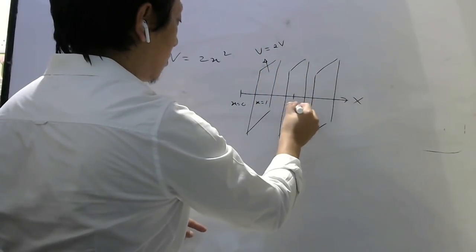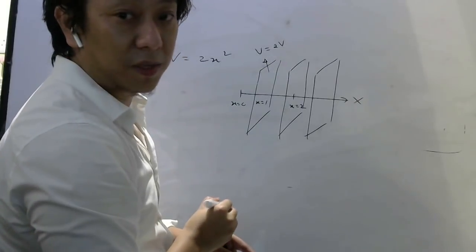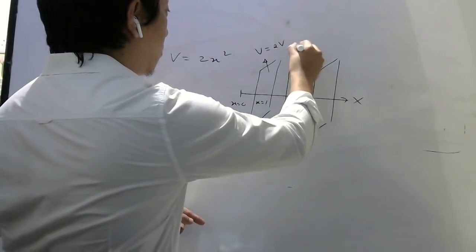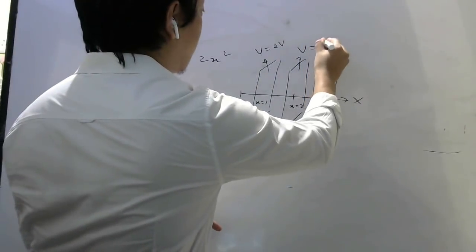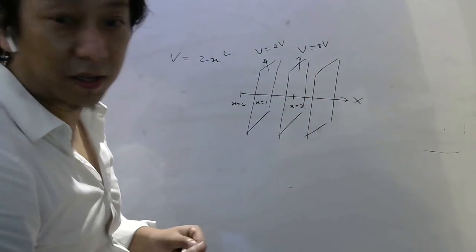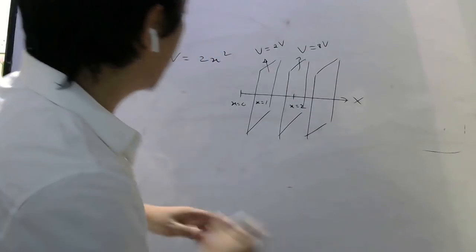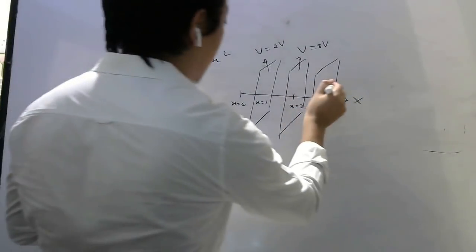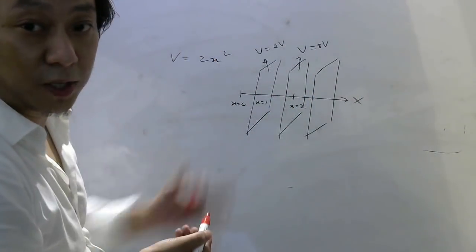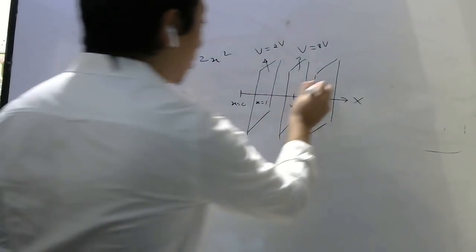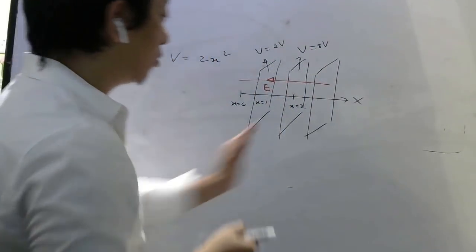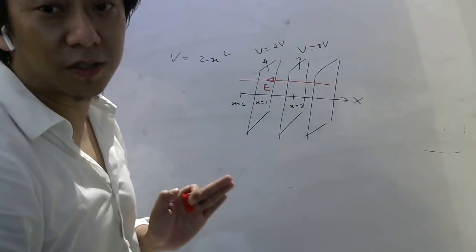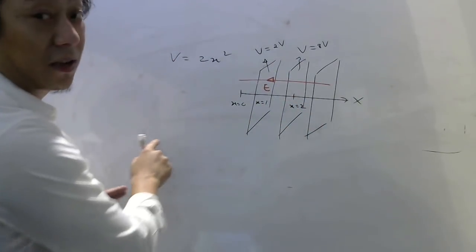Then at x equals 2 meter, what will be the potential? Put 2 here, 2 square is 8 volt, like that. Understanding? Now where will the electric field be? You already know the electric field is perpendicular to the surfaces, so it will be this way. Can you tell me why I made it this way? Because it should be from higher potential to lower potential, and that is the meaning of that minus sign.